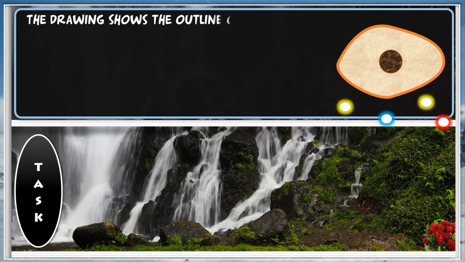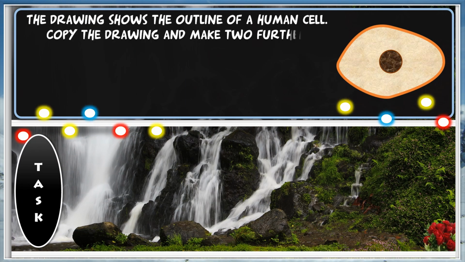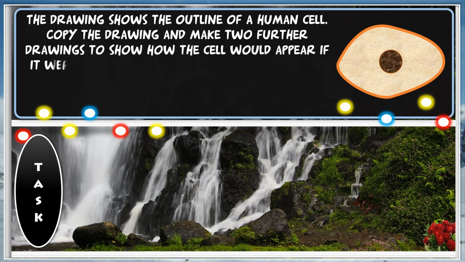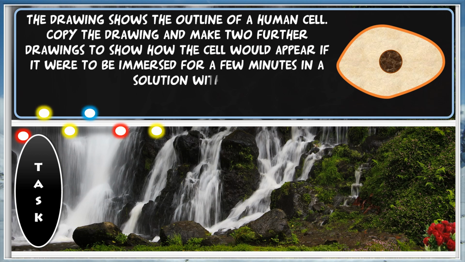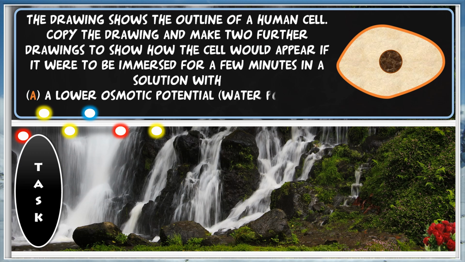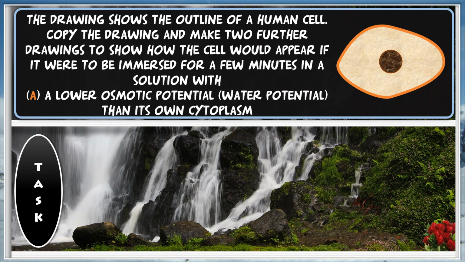The drawing shows the outline of a human cell. Copy the drawing and make 2 further drawings to show how the cell would appear if it were to be immersed for a few minutes in a solution with A. A lower osmotic potential, water potential, than its own cytoplasm.